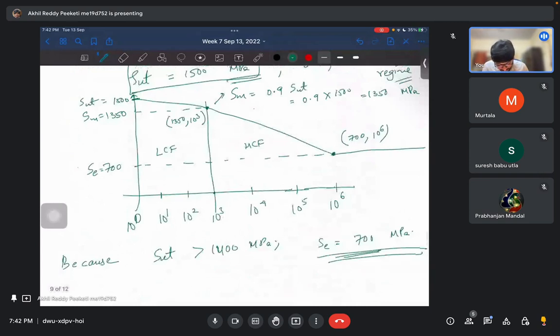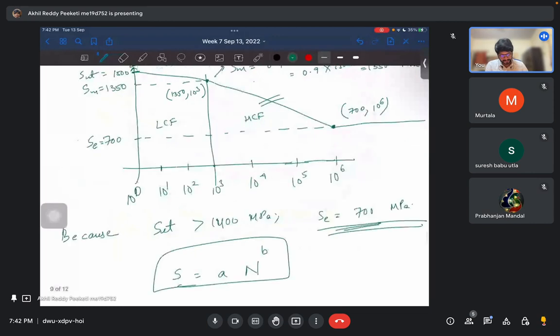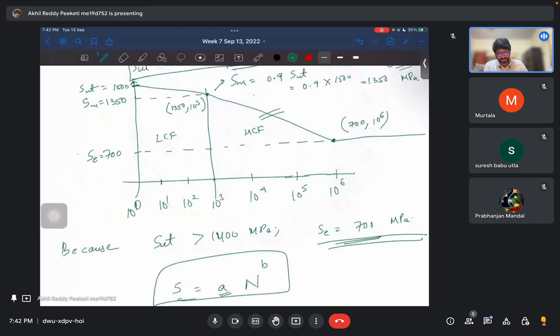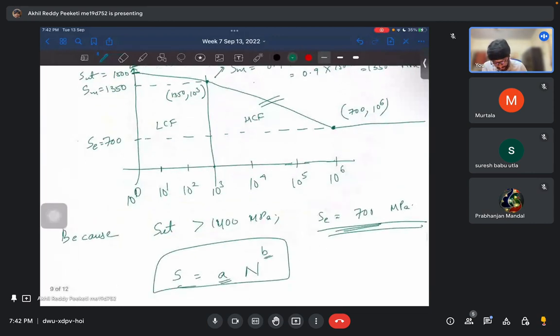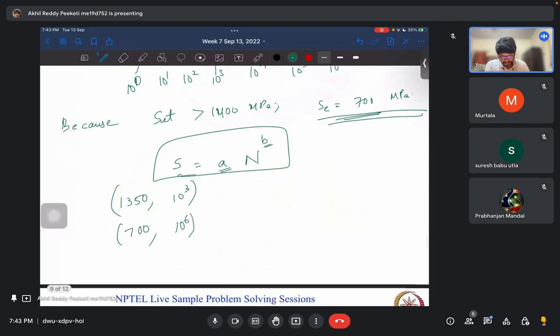We know this SN life cycle follows this kind of equation, and we need to find these two constants, and we have 2 points. One point is 1350 comma 10 power 3 and the other is 700 comma 10 power 6. So now let's substitute these two.